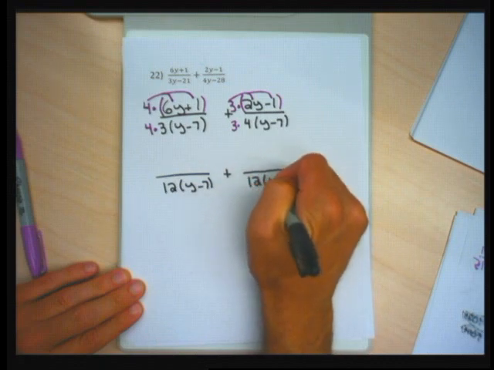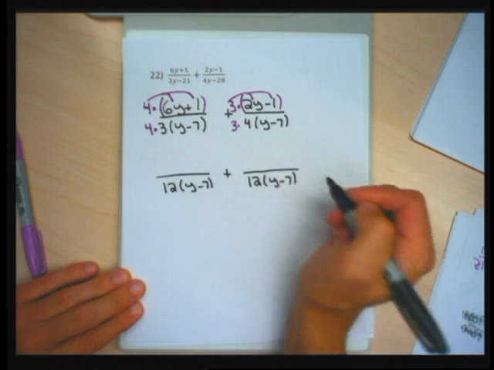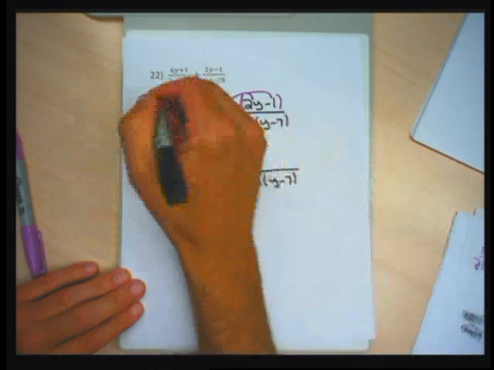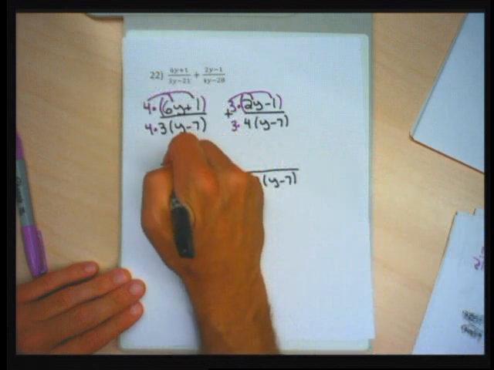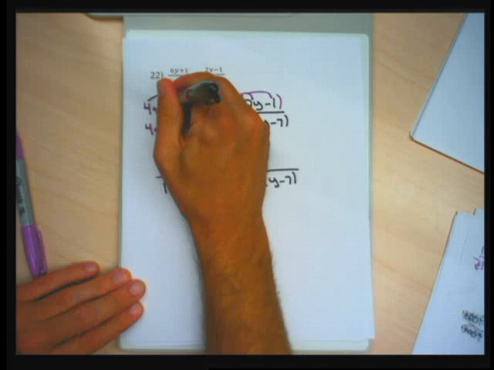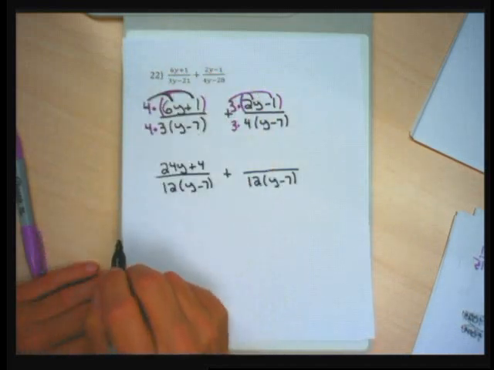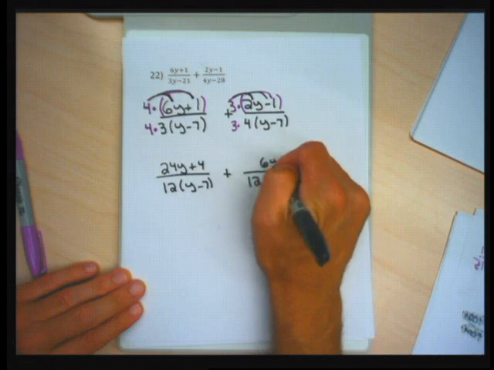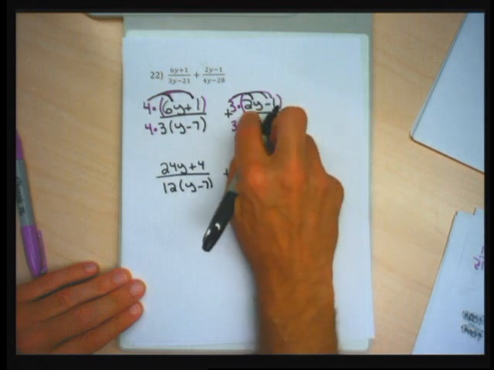So both of my denominators, although I could write them as 12y minus 84, I'm just going to leave them as 12 times y minus 7. The left numerator I'm going to write as 24y plus 4 by multiplying 4 by 6 and 4 by 1. The right numerator I'm going to write as 6y minus 3 by multiplying this 2 by 3 and that 1 by 3.